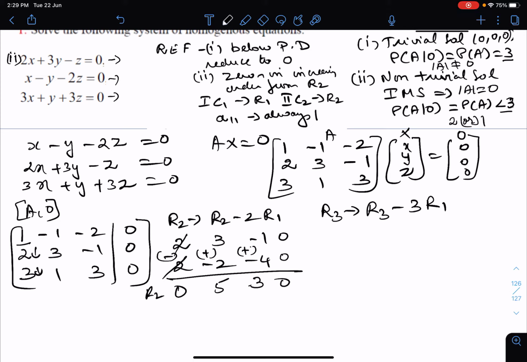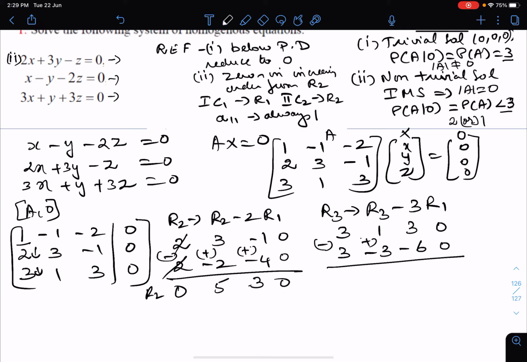Now row 3: 3, 1, 3, 0 minus 3, minus 3, minus 6, 0. Changing the sign, equal and opposite gets cancelled, 0. The next is the same sign, 4, and the next is the same sign, 9. So 4 and 9. This is our row 3.